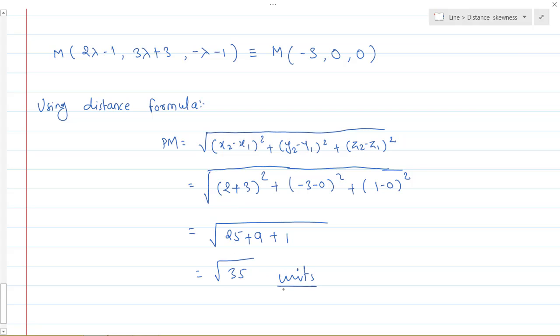Okay, so what is the length of the perpendicular drawn from P to the line? Which is nothing but root of 35 units.